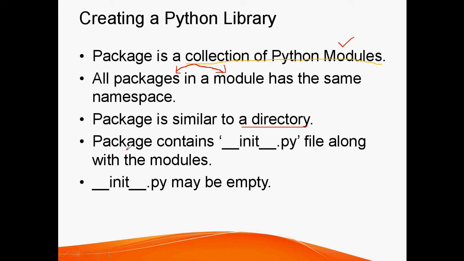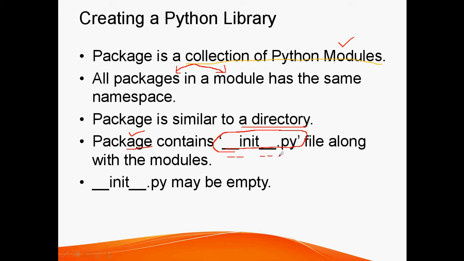Then a package contains an init file along with the modules. What makes a directory a package is this particular file called __init__.py. This is double underscore, then init, then double underscore.